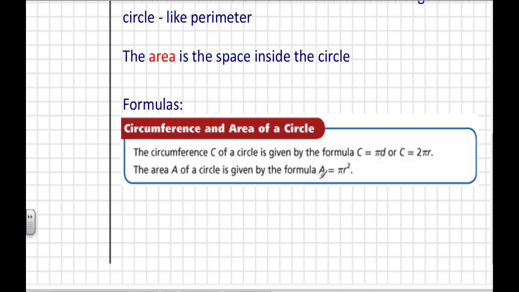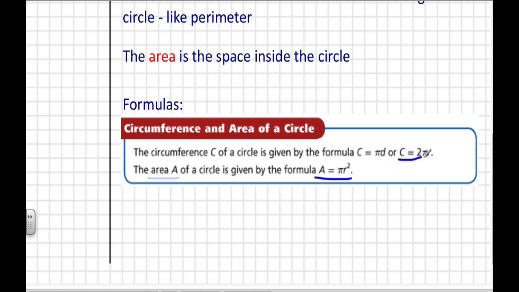We'll talk more about where it comes from in class tomorrow. We can approximate it with the value 3.14, or we can use a better approximation using a calculator with the pi button. Then the area of a circle is represented by A, and it's given by the formula A is equal to pi r squared.